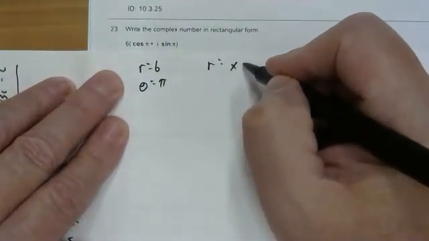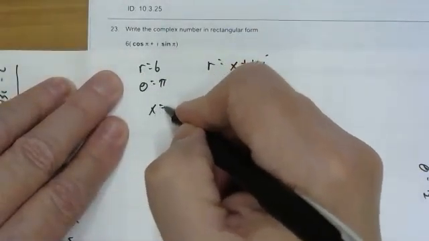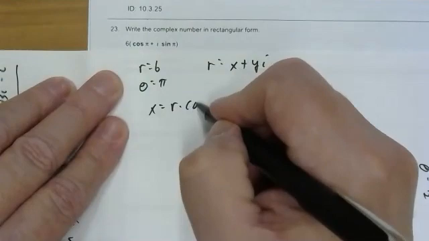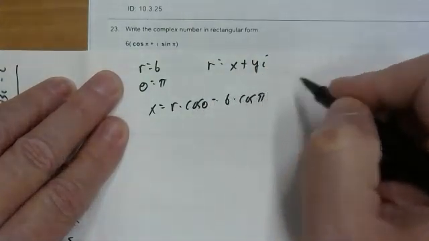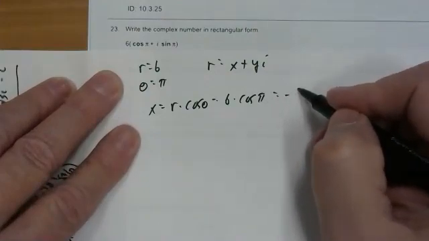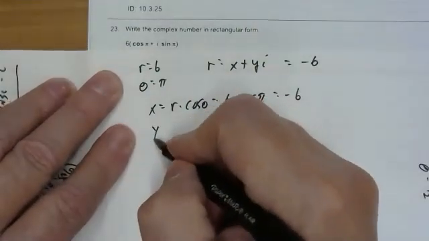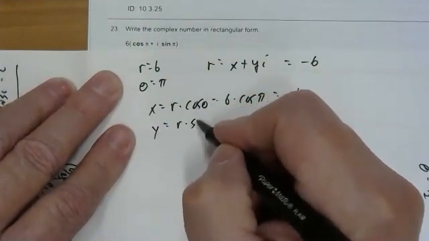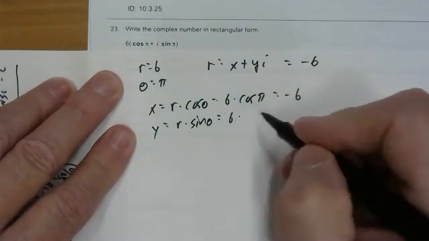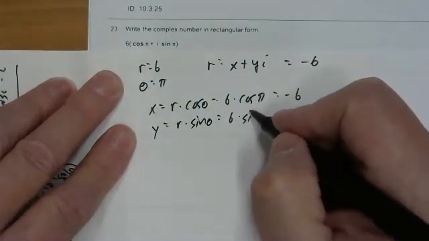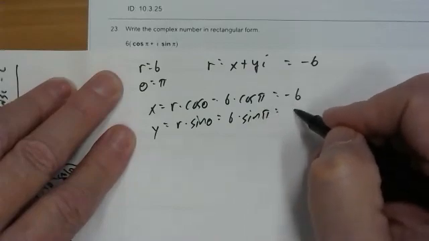So z equals x plus yi. x is r cosine theta, 6 times cosine of pi, which is negative 1, negative 6. y is r sine theta, 6 times sine pi is 0.